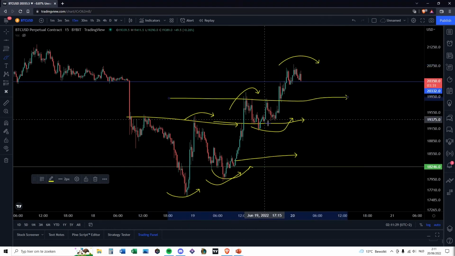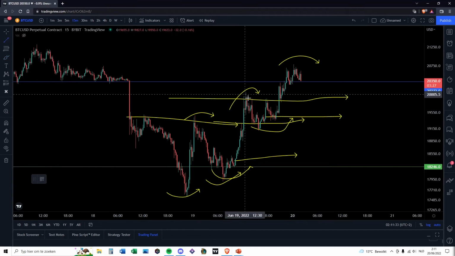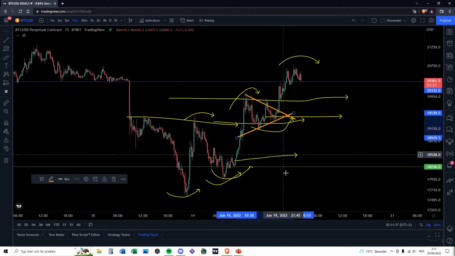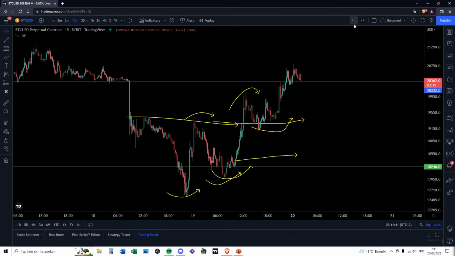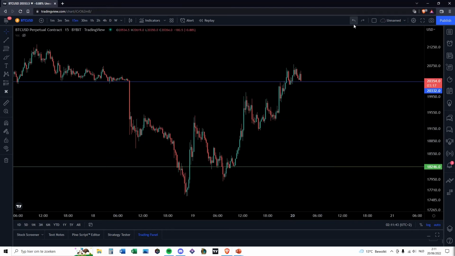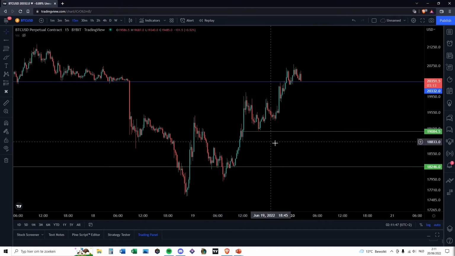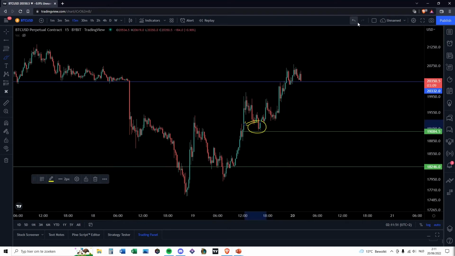Probably on these tops, maybe on the, how do you call it, the point where the compression would have ended. As you see here, this weird hiccup was the support for the higher low. You can see it afterwards.